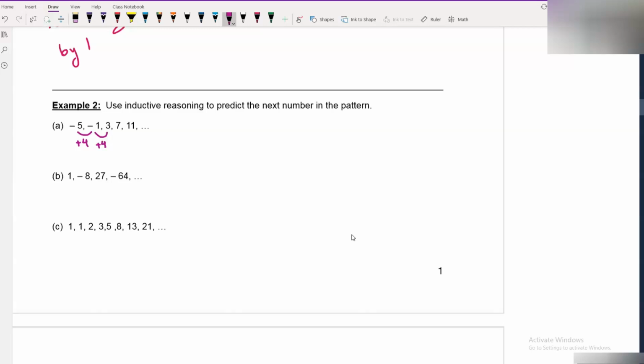We have to try all of these because sometimes 2 are working, but not all of them. 3 plus 4 is 7. 7 plus 4 is 11. 11 plus 4, here we have 15. It's just asking for the next number, but I'm going to write more. So 15 plus 4 is 19, plus 4, and 3 left.